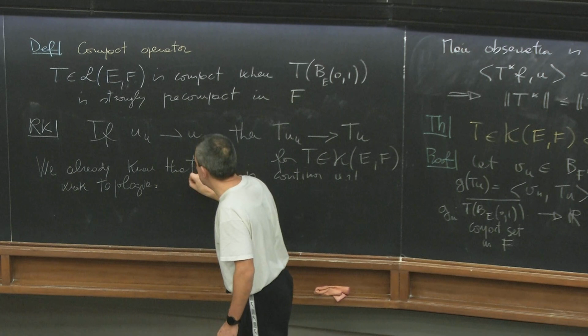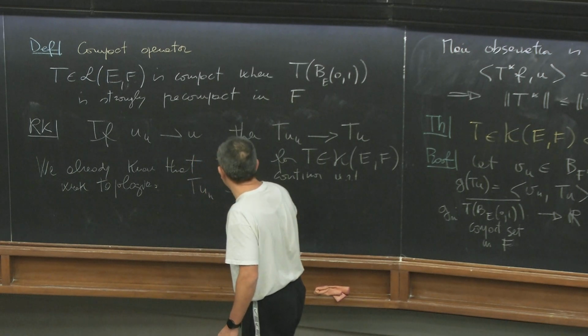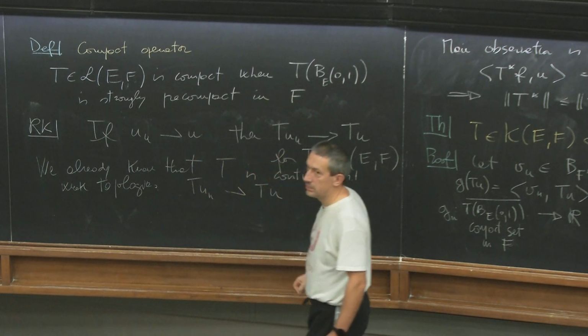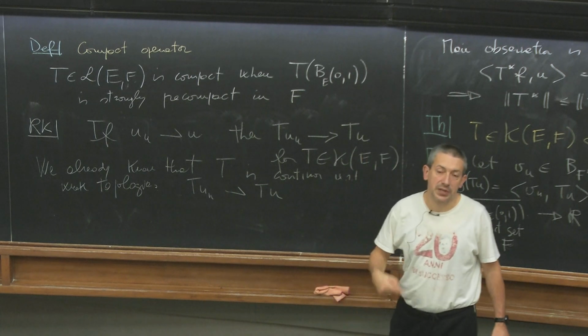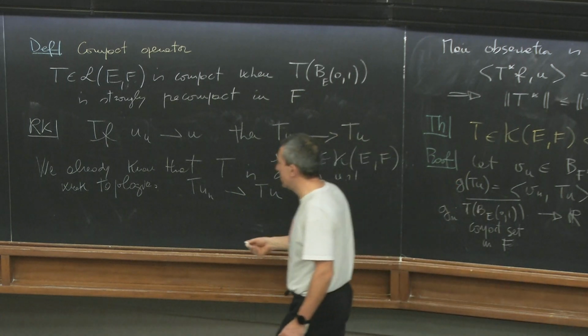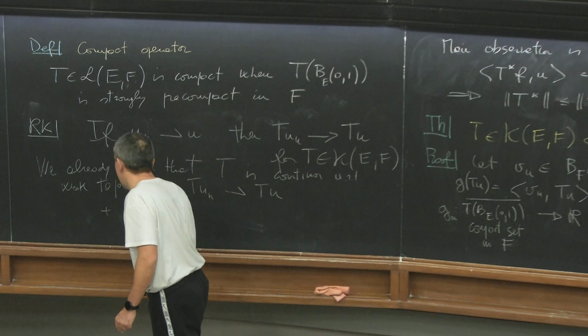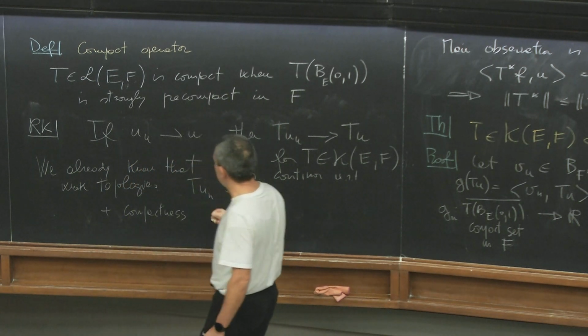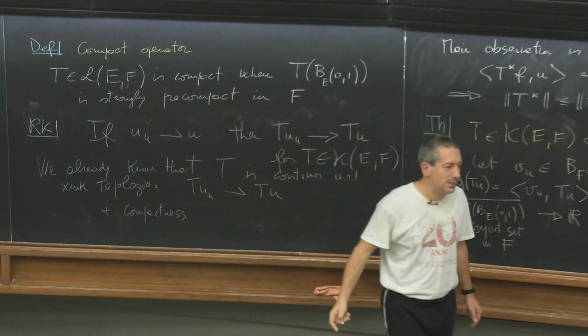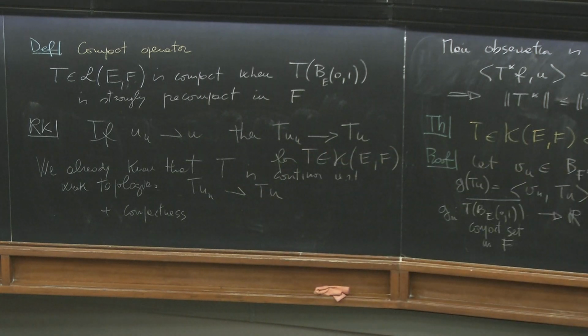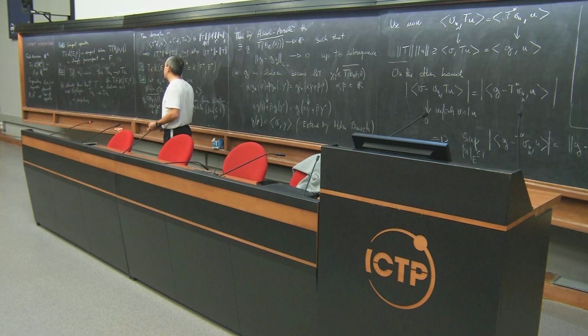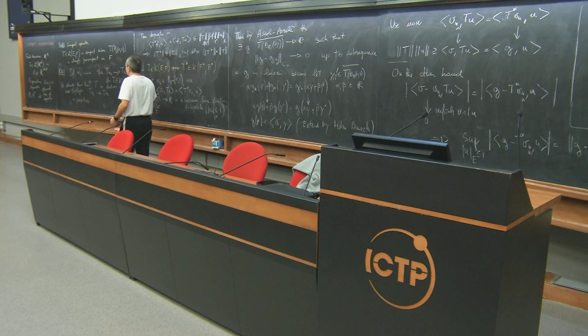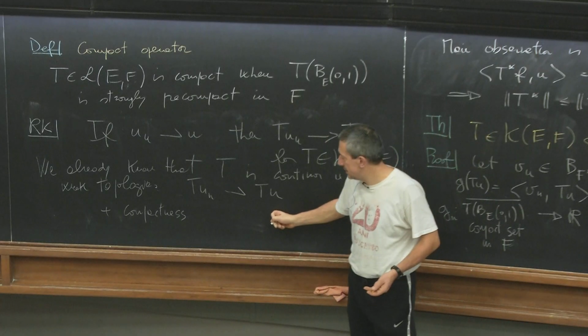And this implies that T u_n weakly converges to Tu. Then plus now the compactness, you know that there is a strongly convergent subsequence. The compactness implies that any subsequence which converges should converge to Tu because the point is uniquely identified.